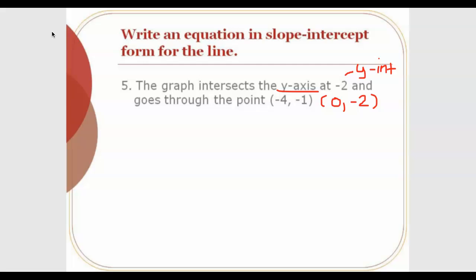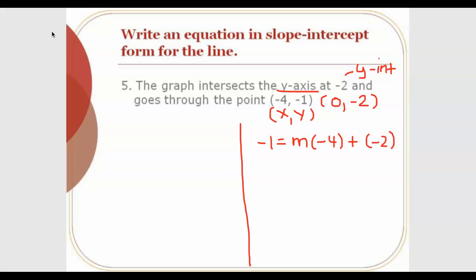So I have two choices at this point. I can plug in -4 and -1 for x and y, and -2 in for b, and I can solve for m using y equals mx plus b that way.